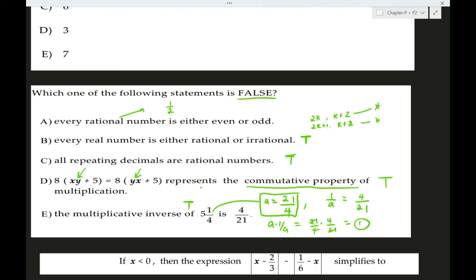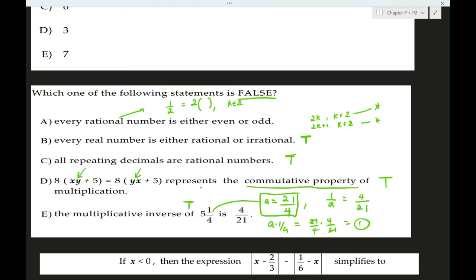But for example, if you take a rational number, say 1 over 2, it's definitely a rational number, right? But can we write it as either even or odd? No, because for us to write this as even, we should be able to write it as 2 times a number k, where k must be an integer.